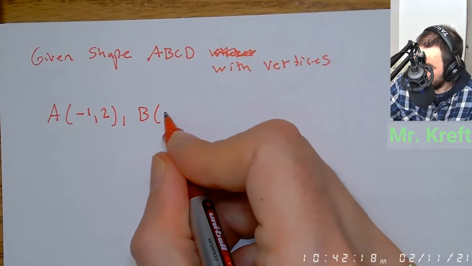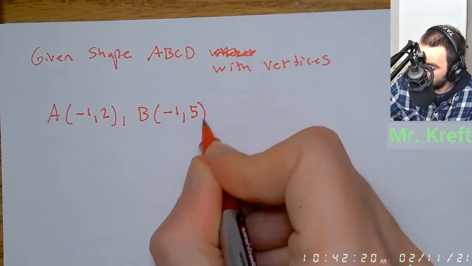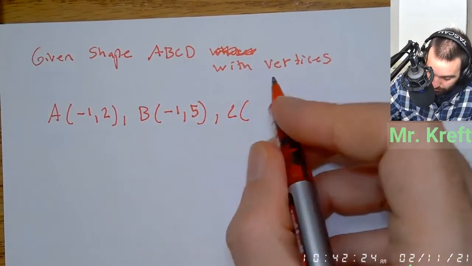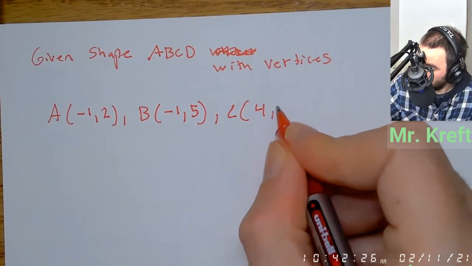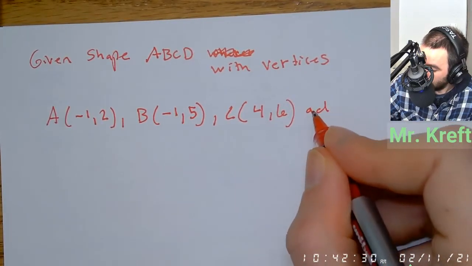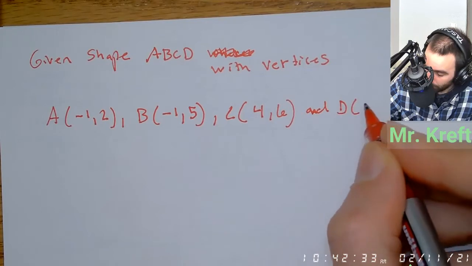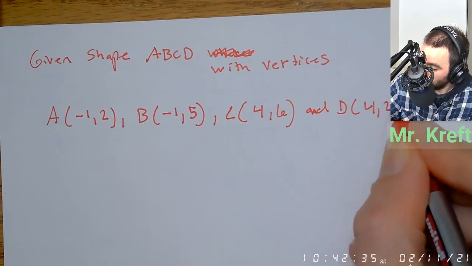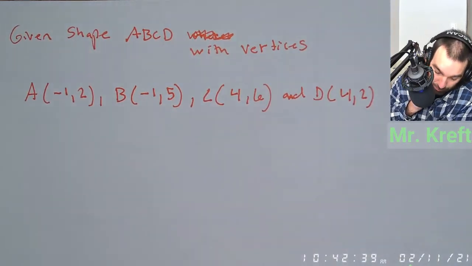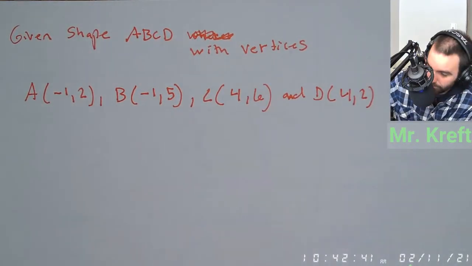B is -1, 5. C is 4, 6. And D is 4, 2. Okay, so we have this shape.